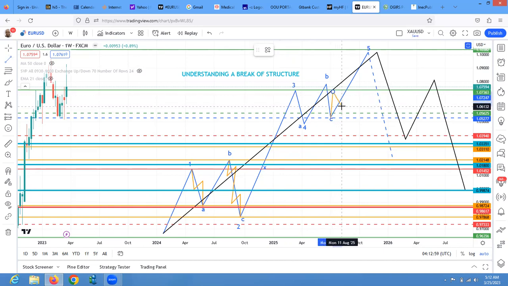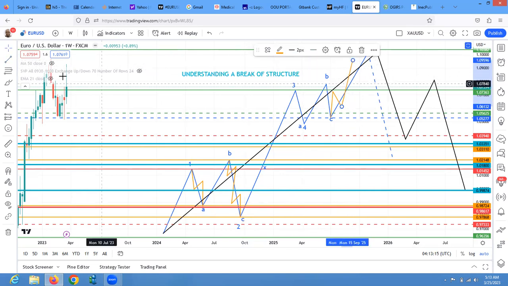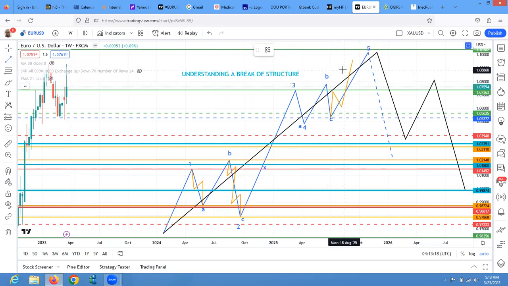Wave 2, either correctively or impulsively, it could go up. Wave 3. Wave 4. And a wave 5 within that wave itself.